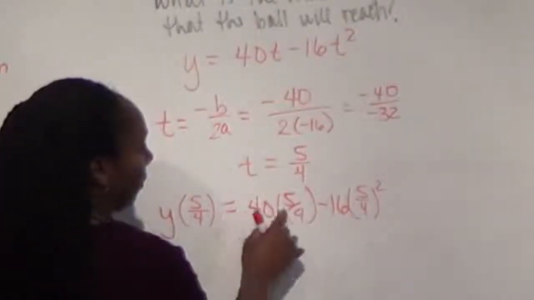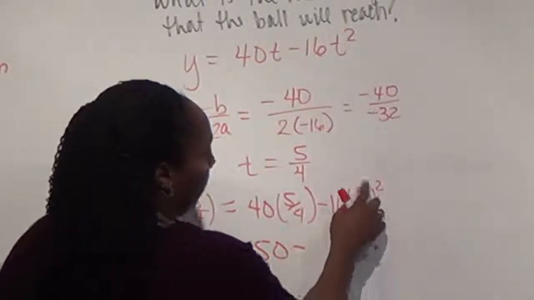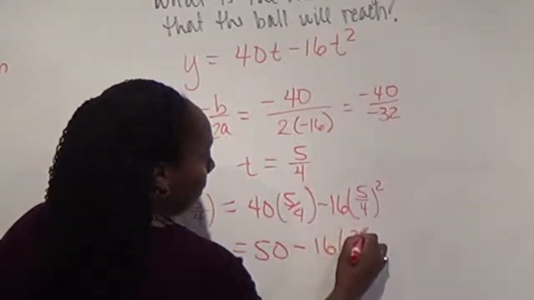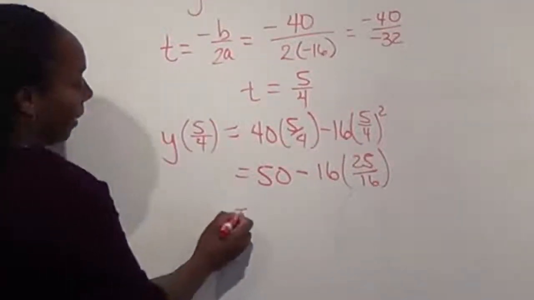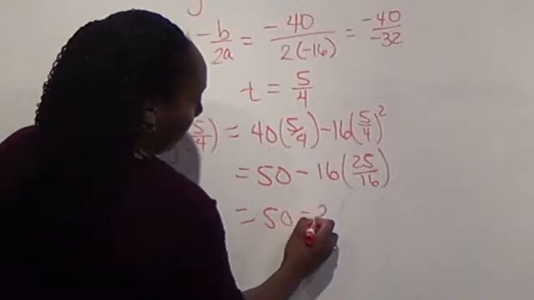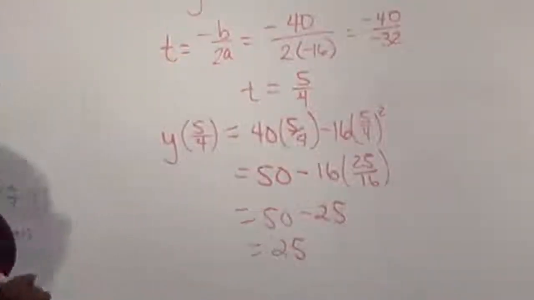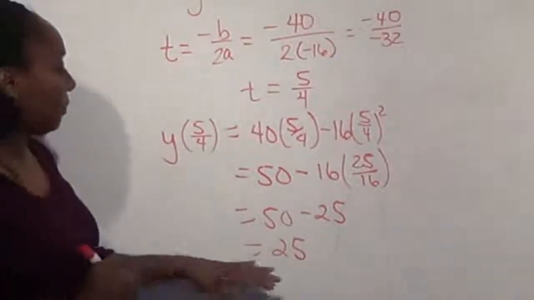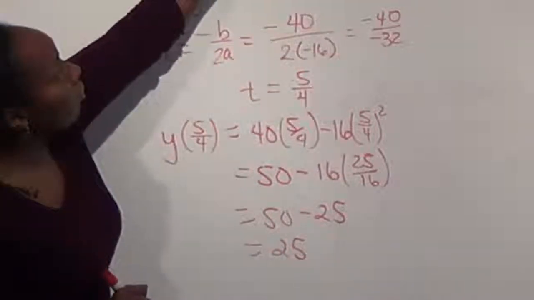So simplifying here, it looks like 50. When we rewrite, we'll go ahead and square that. We can see the 16s cancel out. So there's the y-coordinate for our function. This again is measured in feet.